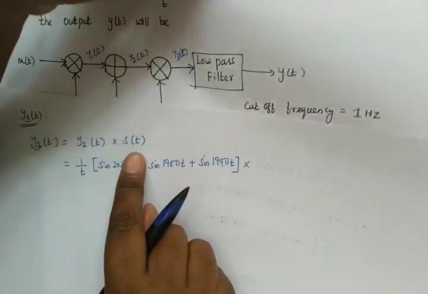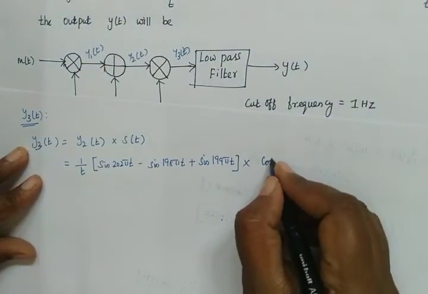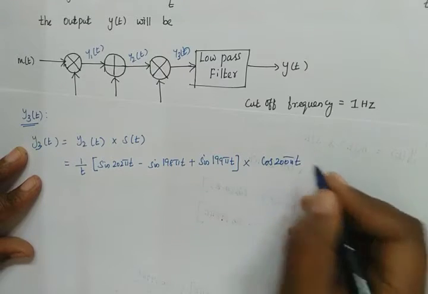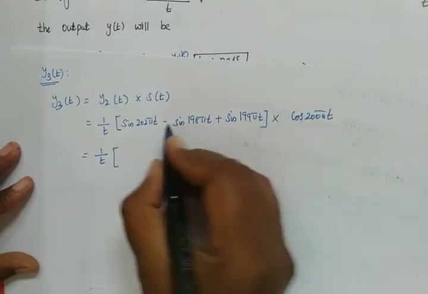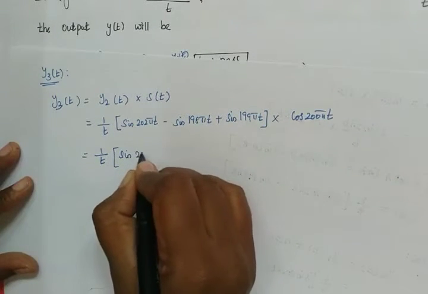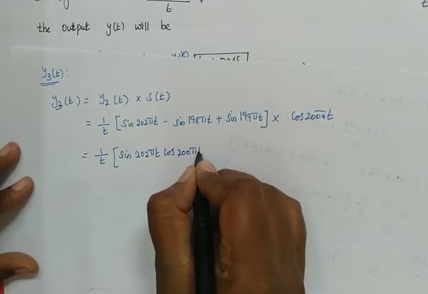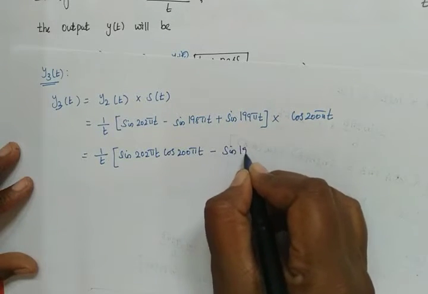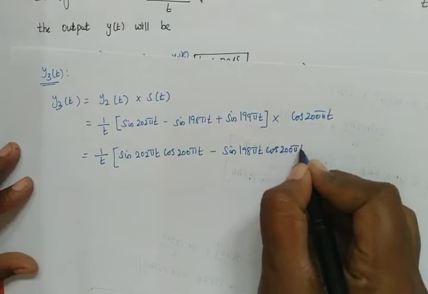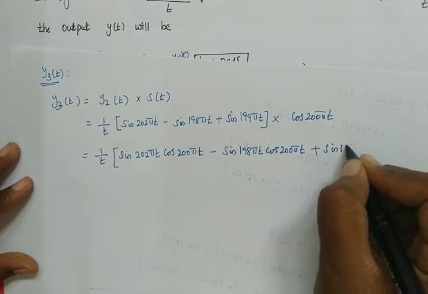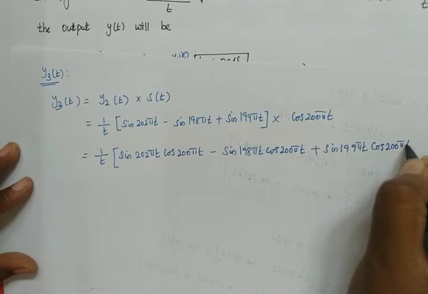In the question they have mentioned S of t is equal to cos 200 pi t. Now we can write this as 1 divided by t, let us multiply this by cos 200 pi t. So sine 202 pi t into cos 200 pi t minus sine 198 pi t into cos 200 pi t plus sine 199 pi t into cos 200 pi t.